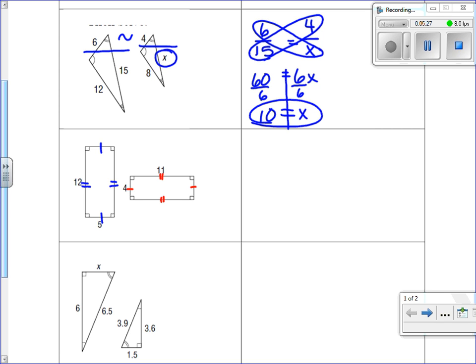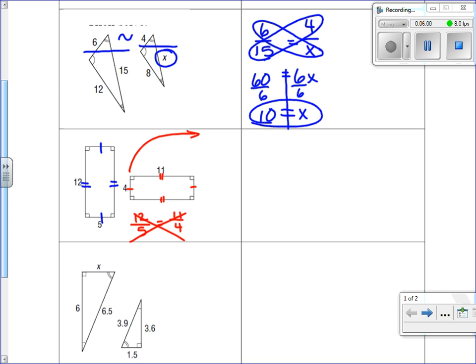So what I want to do in this case is turn this rectangle so it's the same way. If I'm going to compare my sides, then I need to have it pointing the same way. It would be wrong if I said 12 over 5 equals 11 over 4.